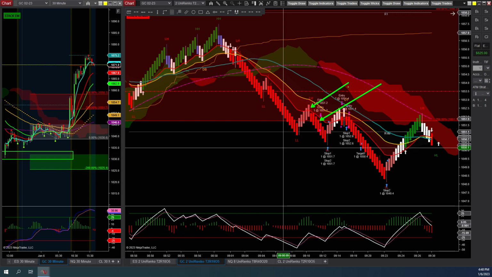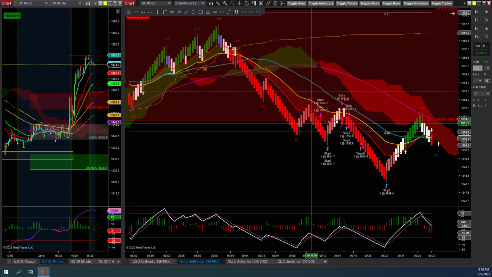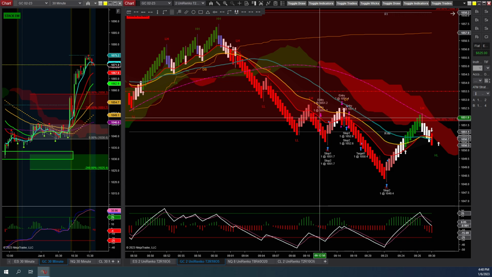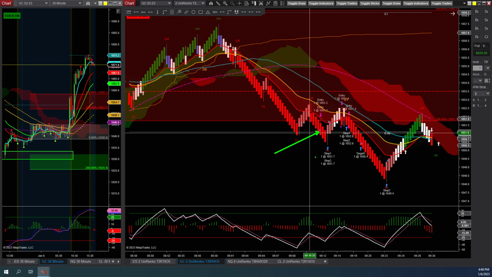The fine entry would have been there, as it was breaking below that red area of extension here. I didn't take it there. Mistake. I was waiting for it to break. When I saw that the market was going down, I took the trade there, and it was not a mistake, but it was not profitable.